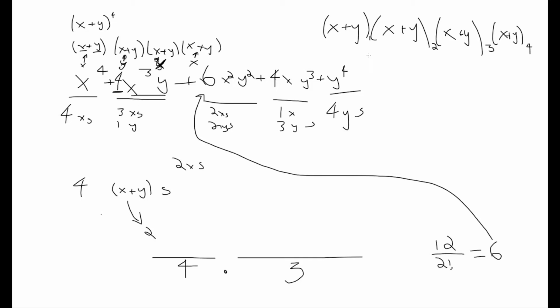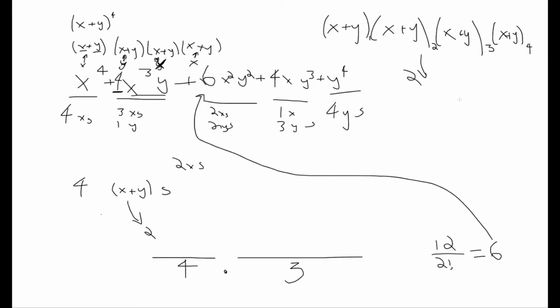What I was doing there was I was just finding out how many different combinations there were of x squared y squared. So all I have to do is find out how many different ways you can pick 2 of those x plus y's from this group.